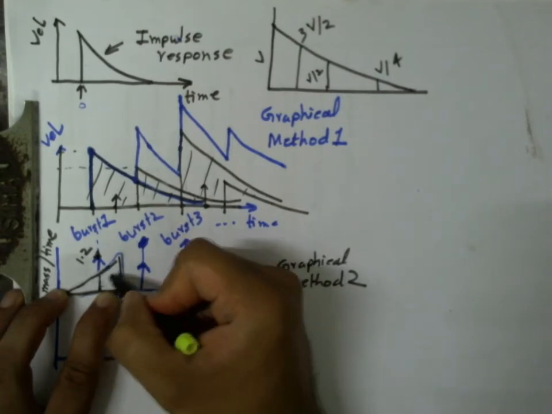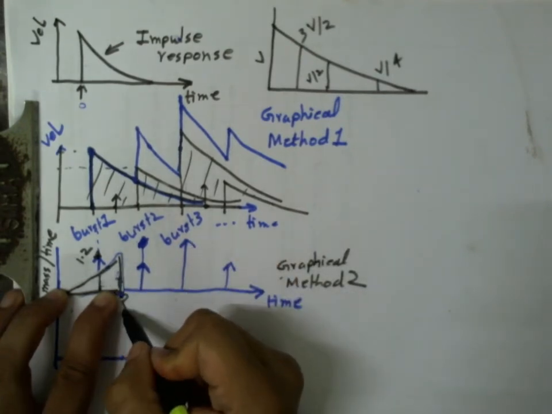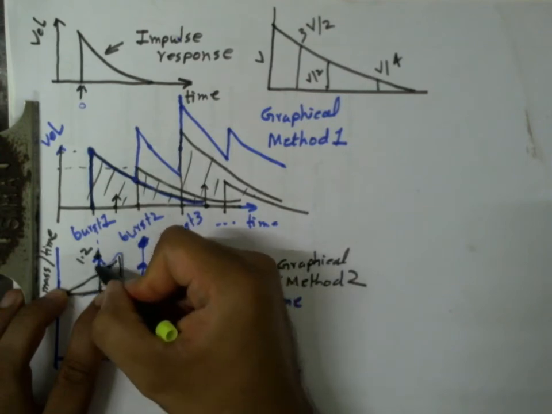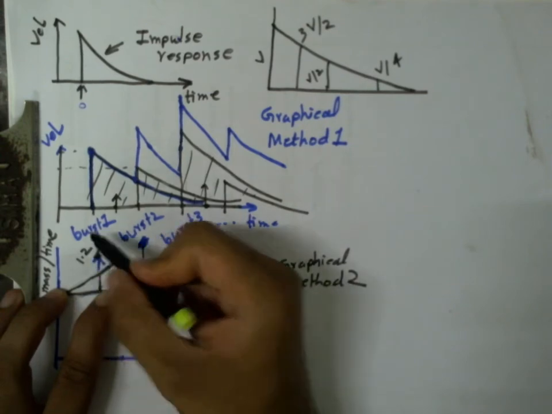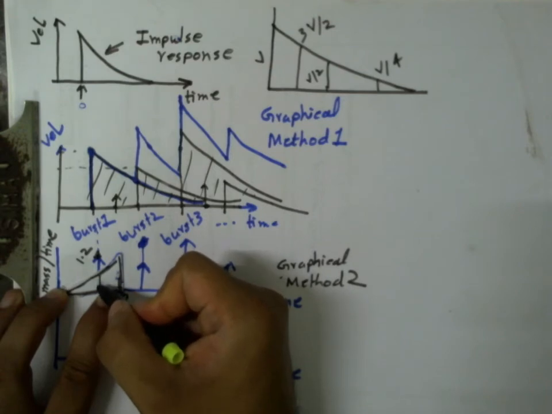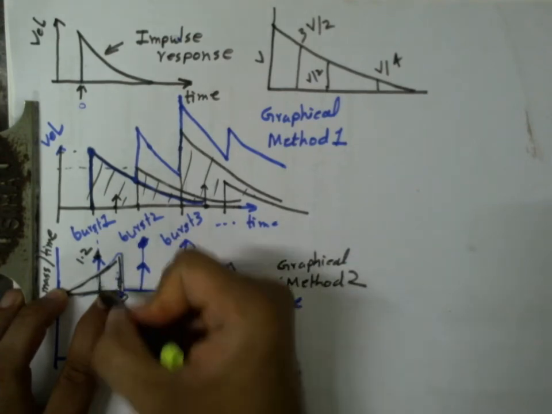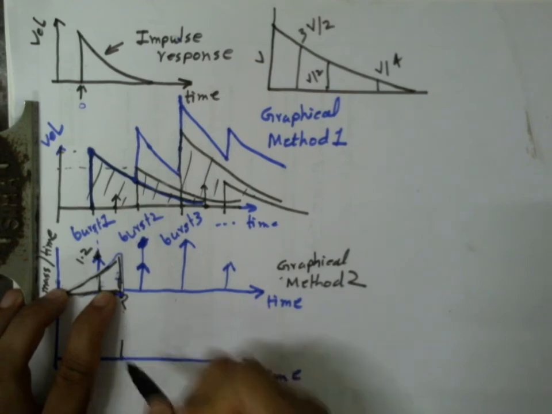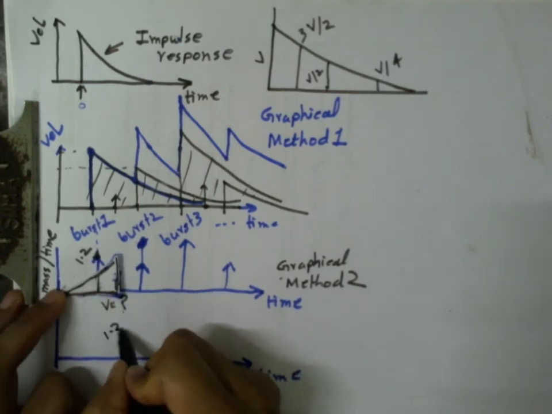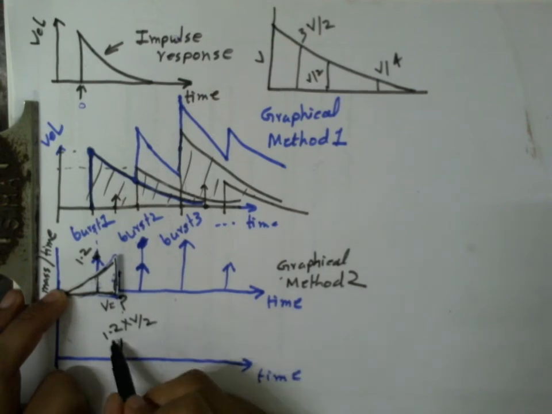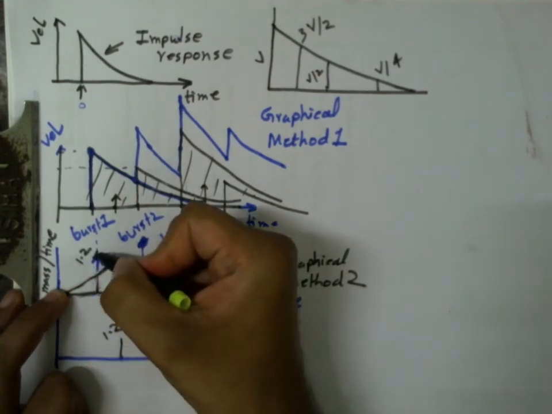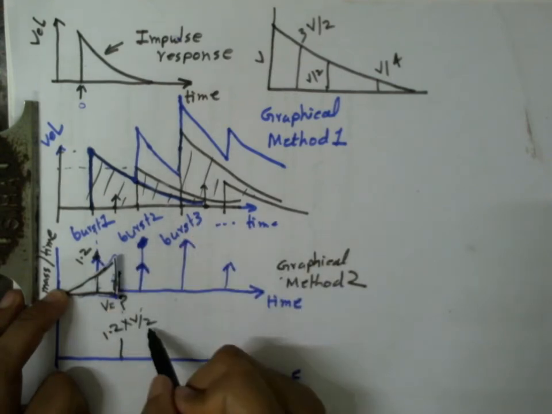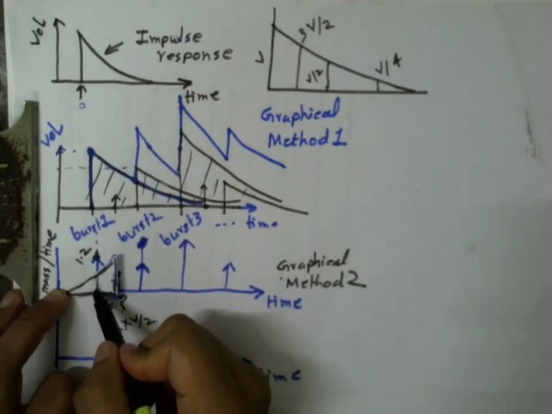In other words, at this point the velocity will be the product of the height of this impulse and the height of this flipped impulse response at the same point. So the velocity will be 1.2 times v by 2, where 1.2 is the height of the impulse at this point and v by 2 is the height of this velocity curve at the same point.